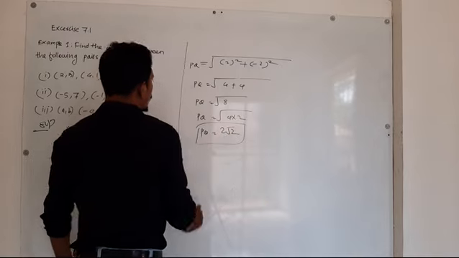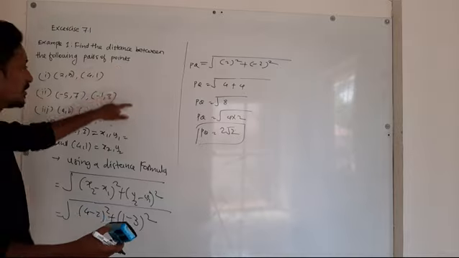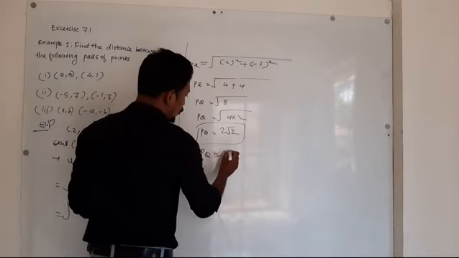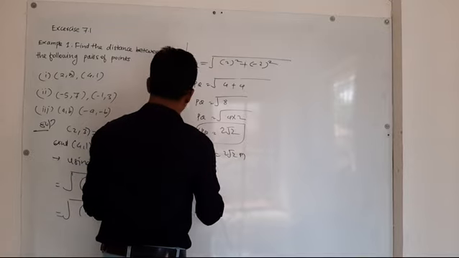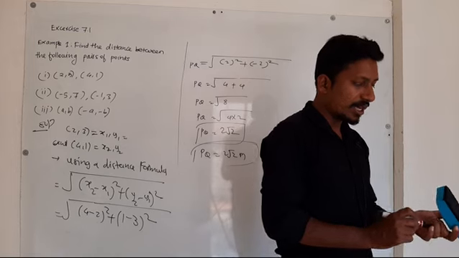The distance is 2 root 2 meters or maybe centimeters. Complete example number 1.